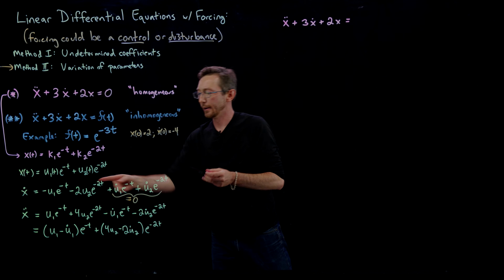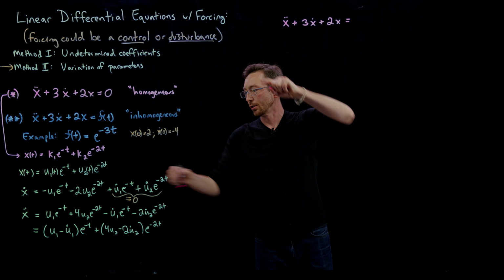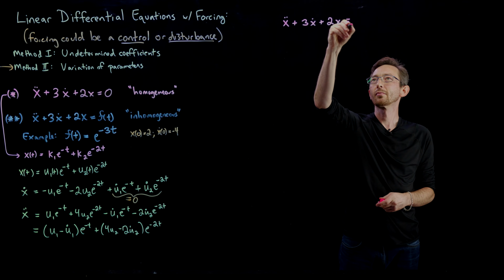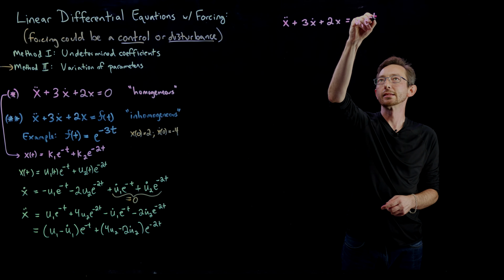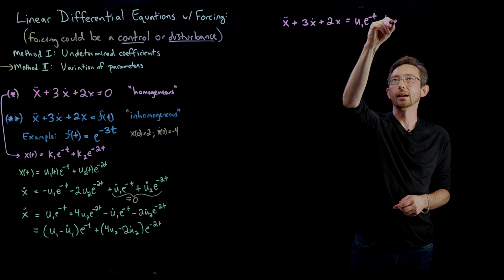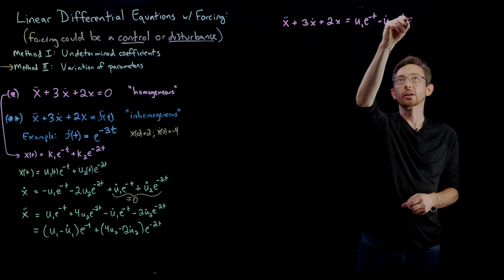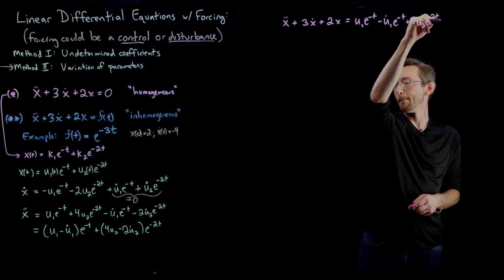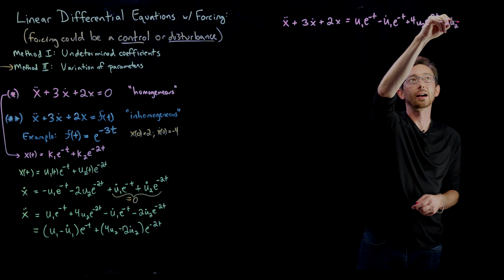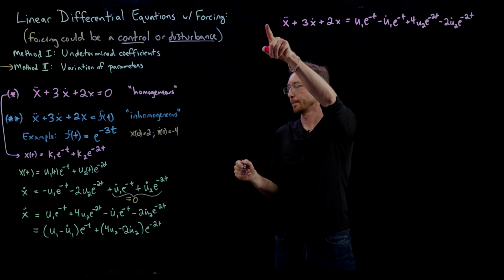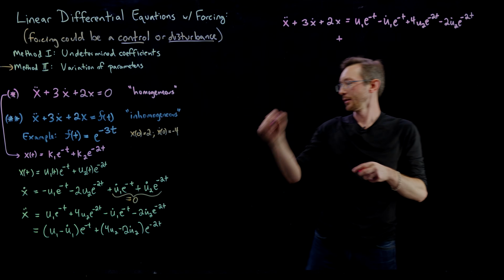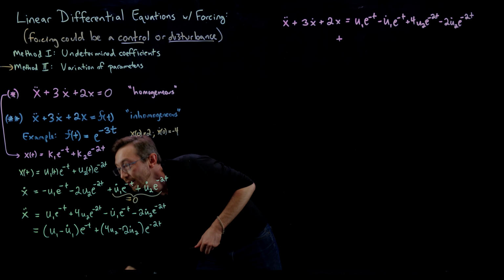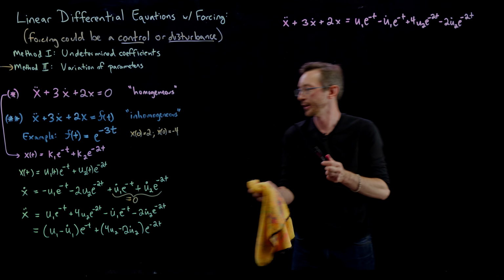Okay, so x double dot is all of this stuff. So it is u1 e to the minus t minus u1 dot e to the minus t plus 4u2 e to the minus 2t minus 2u2 dot e to the minus 2t, that's my x double dot term, plus 3 x dot, so that's plus 3 times this stuff, which is a minus 3, because plus 3 of a negative number is minus 3.